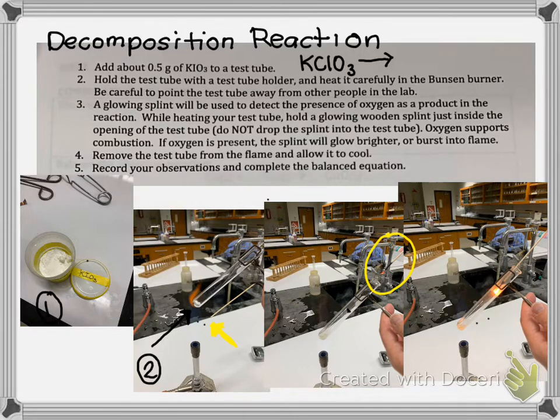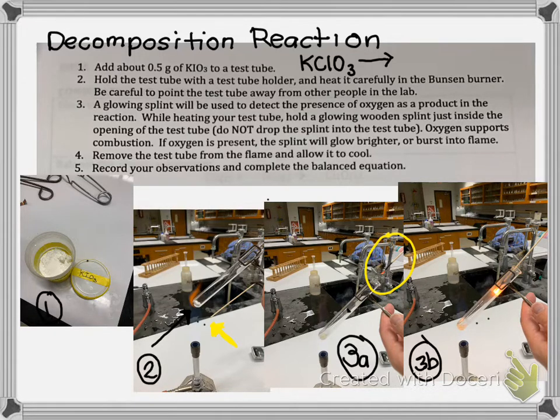So you can see a little ember at the end of it. And I'm getting ready to place it, not drop it into the test tube, but just place it into the mouth of the test tube. So this is the first part, I'll say 3A. I'm placing it in. And then this is 3B.